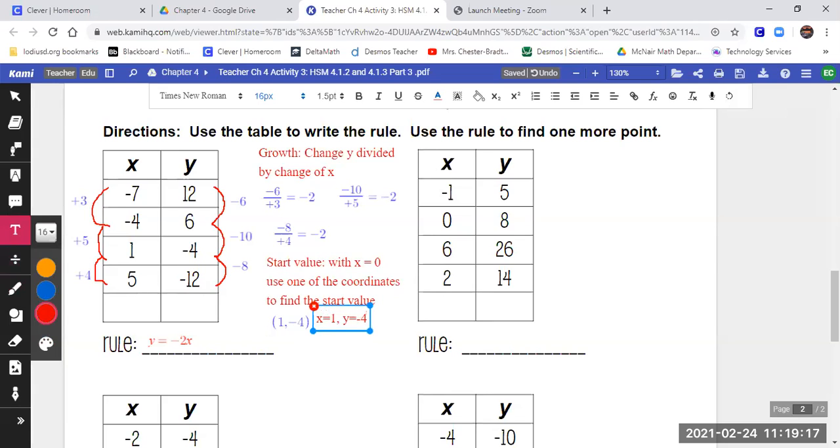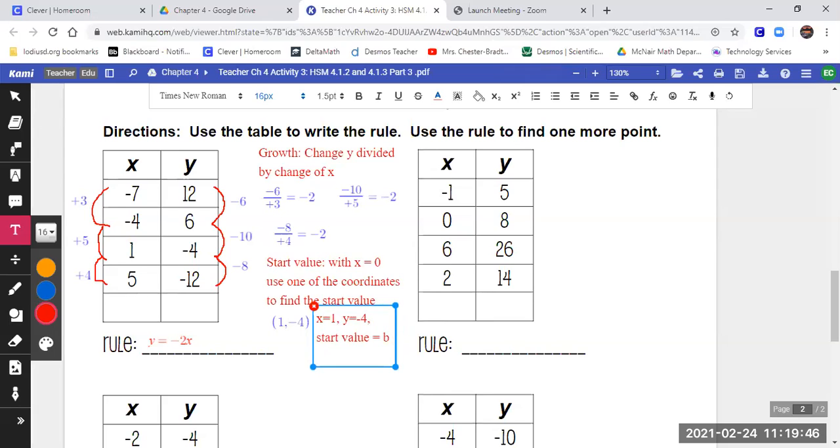Okay, and the part that we're solving for, the start value, actually has a name. Start value is the variable b, which stands for beginning, which is start, right?